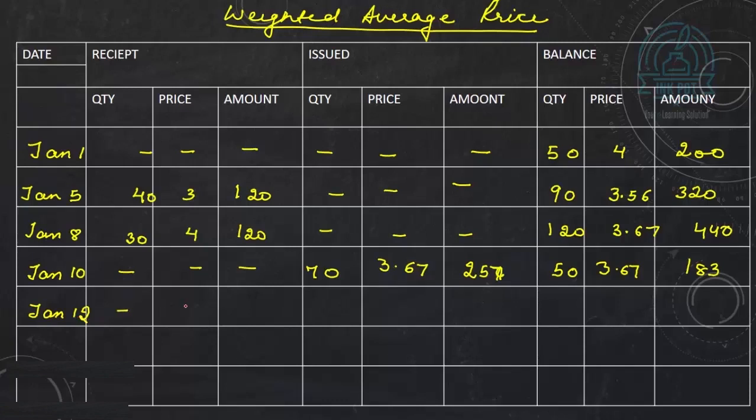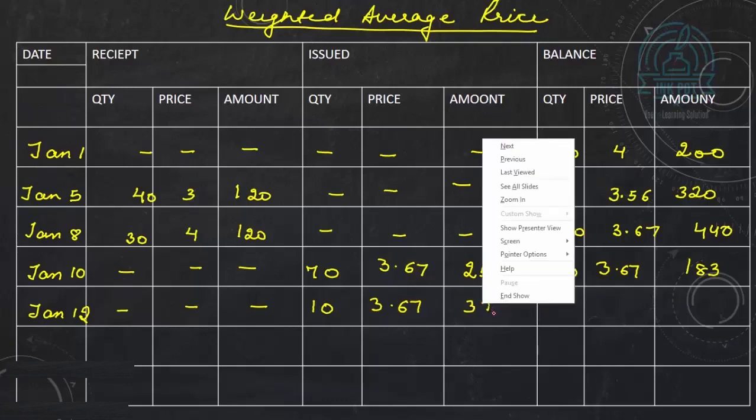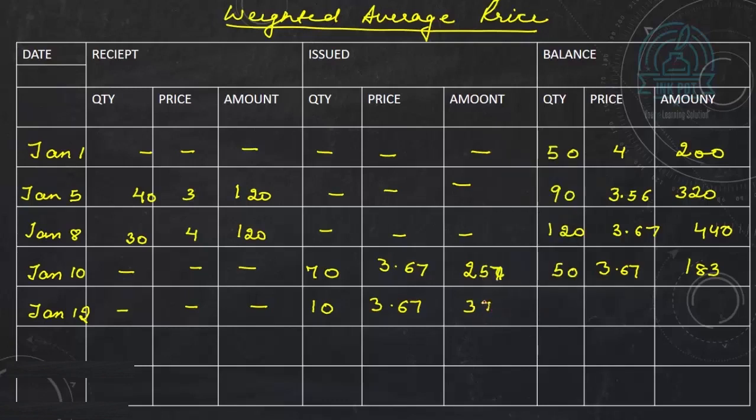Then again on Jan 12, we have not received anything, but yes, we have issued 10 units. So 10 units at the rate of the same price, because no new stock is added. So 10 into this gives you approximately 37.